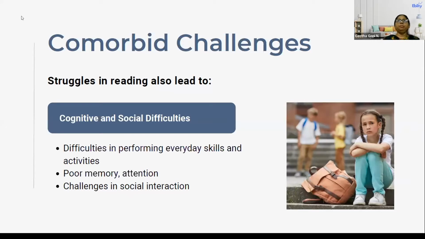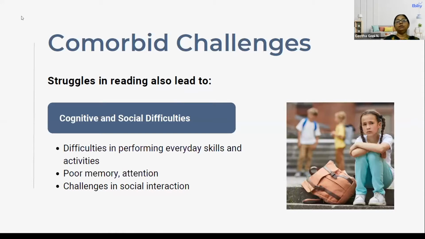Because of poor memory, poor attention, poor sequential or logical reasoning abilities, which all are affected because of reading and its other comorbid situations that you find in children with special needs, they also can affect their everyday skills, such as getting ready for school, for example, packing up their bags for the school, or getting their things ready for their next project in school, or planning on how to go about doing a particular project and so on.